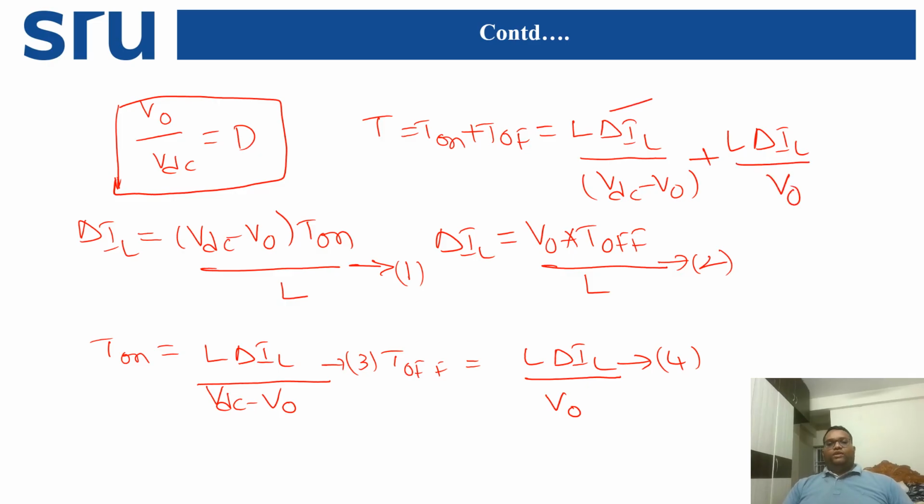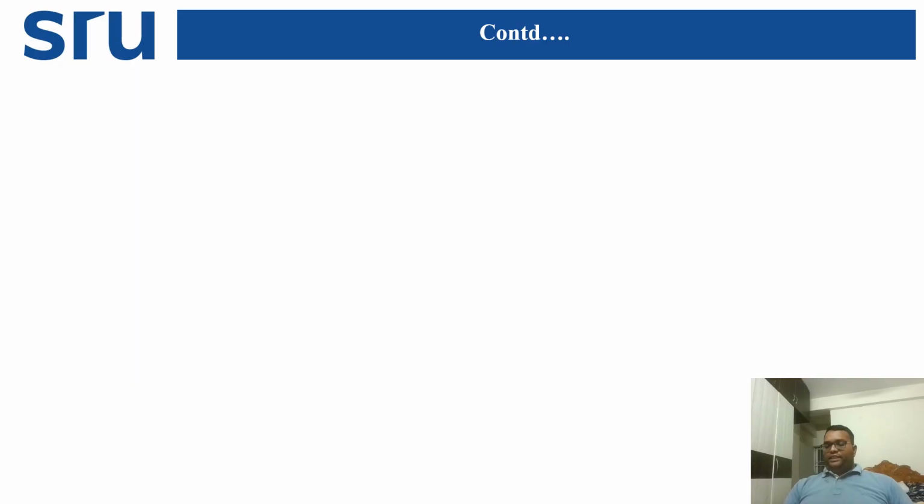This is the first part of the derivation, and this is the second part. Now take it as common. Then T is equal to L into delta IL, which we will take outside.